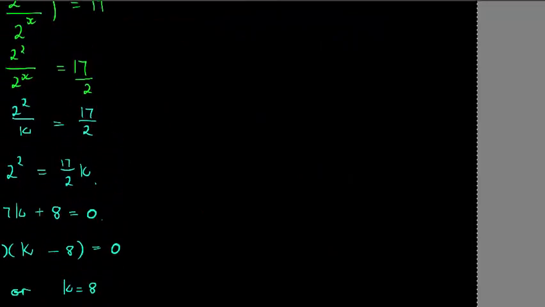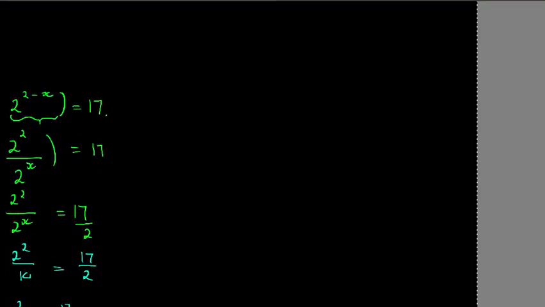Running out of space. Okay. 2 minus 2 square root 2, 1 plus square root 2. That was your numerator, and your denominator was 1 plus square root 2.